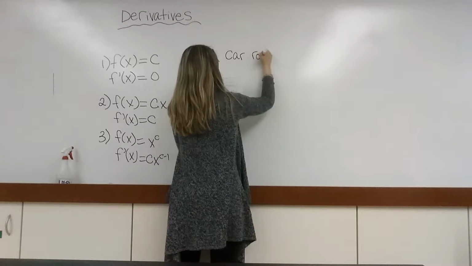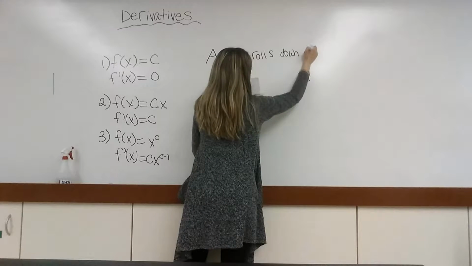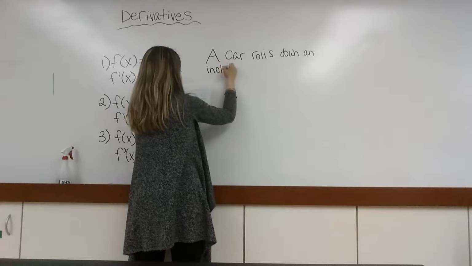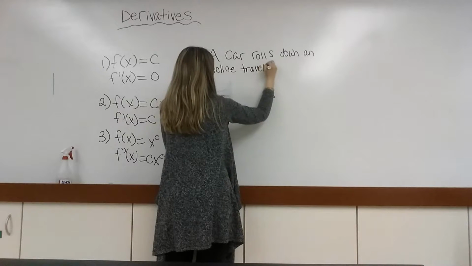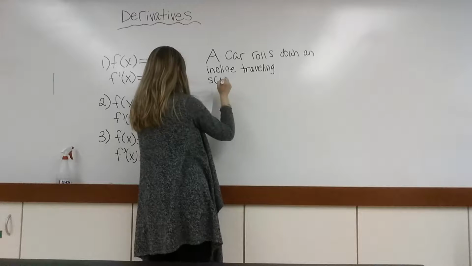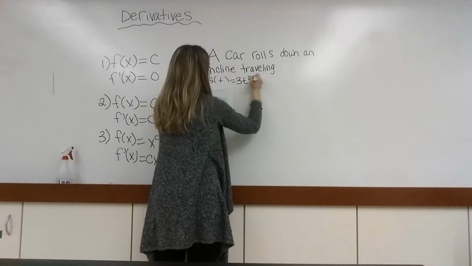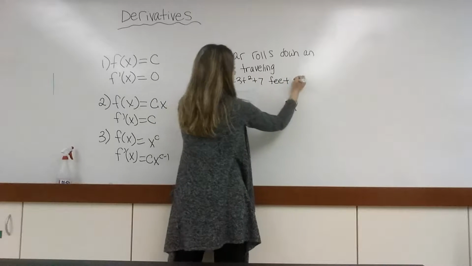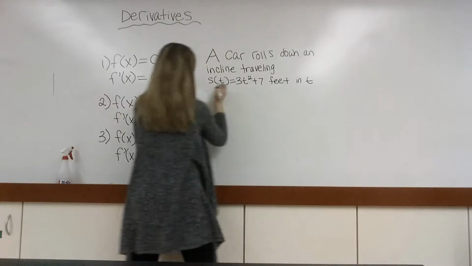A car rolls down an incline, traveling s of t equals 3t squared plus 7 feet in t seconds.